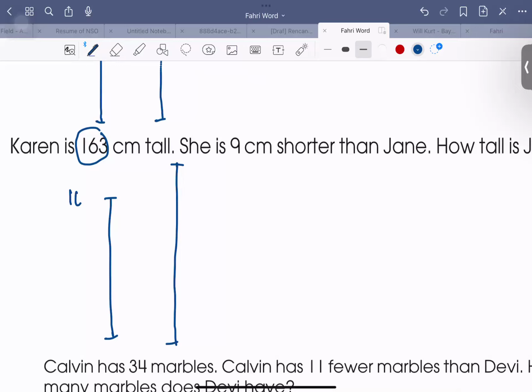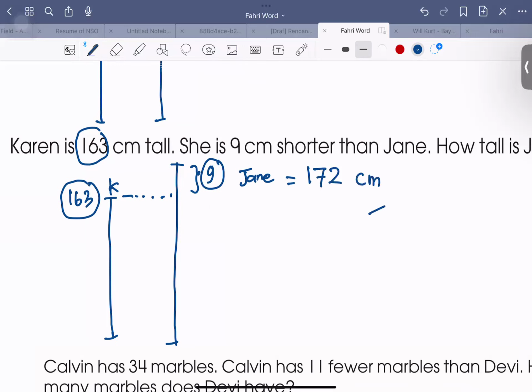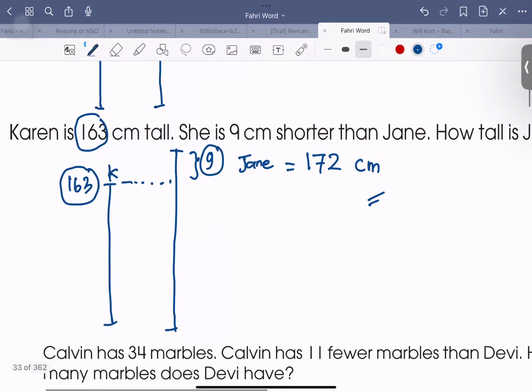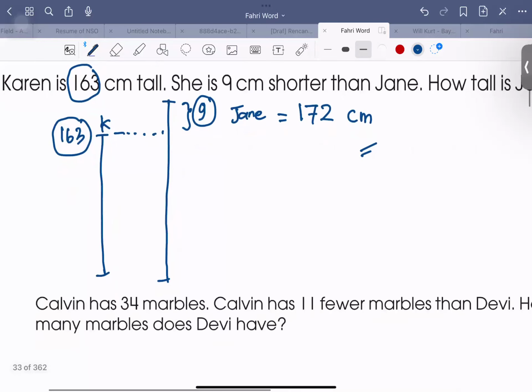If this is 163, then Jen must be 163 plus 9 equals 172. 172 centimeters. Cool. Now, let's go to the next question.